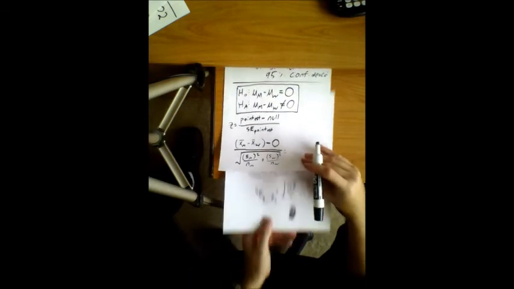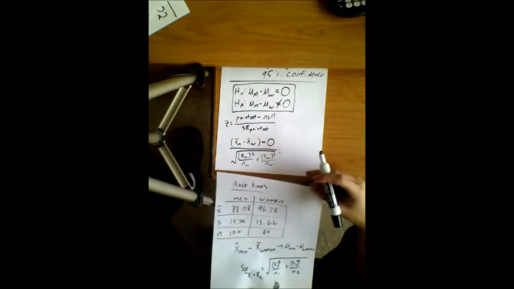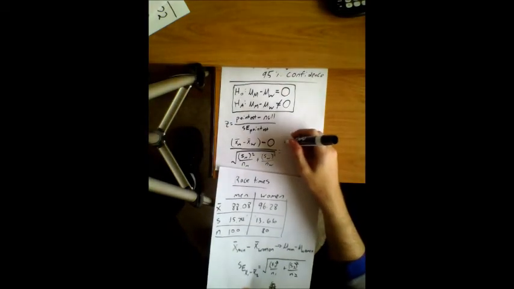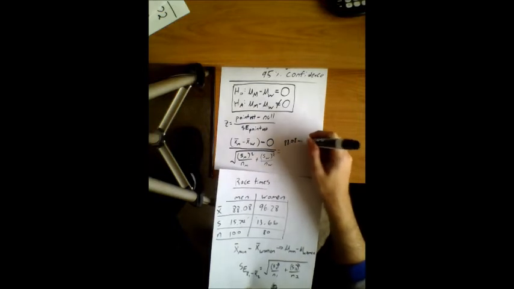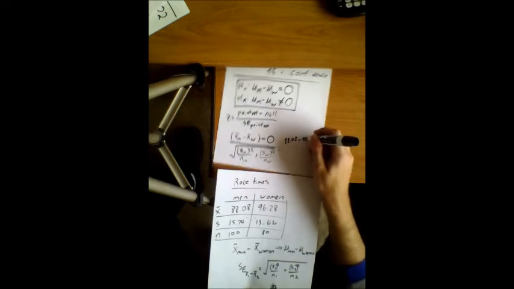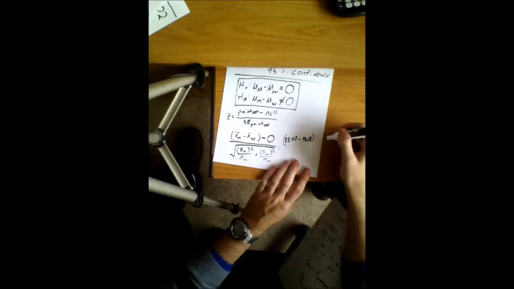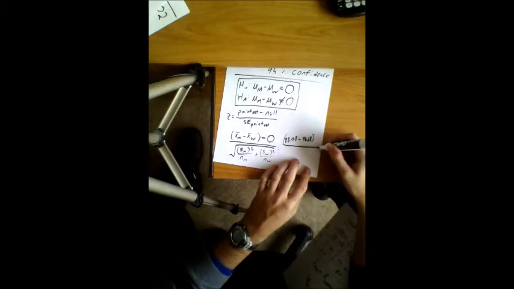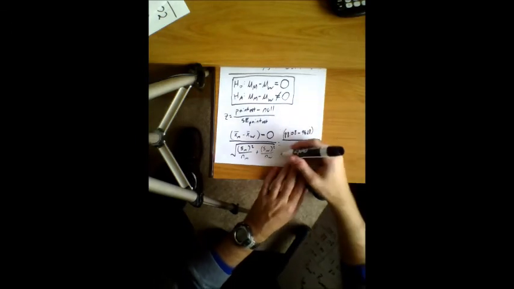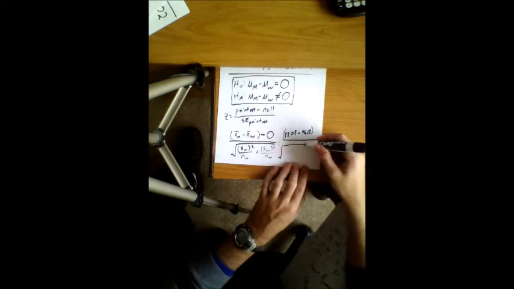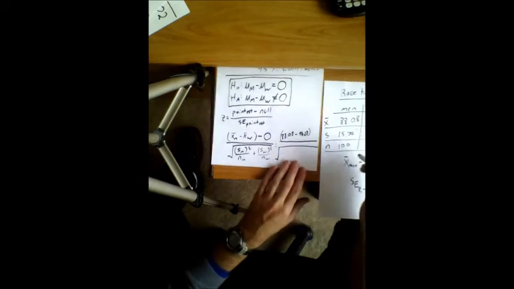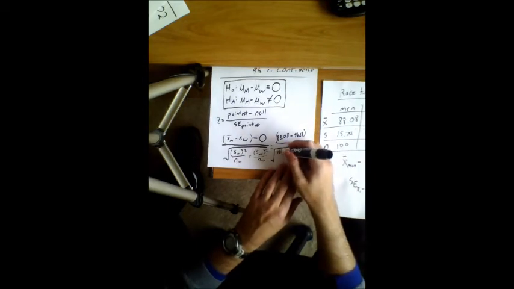Let's go ahead and use some of these values in here. I have up here x bar for men was 88.08 minus 96.28 for the women. Then we subtract 0, but I won't write that because it's just subtract 0. The standard deviation for the men was 15.74.